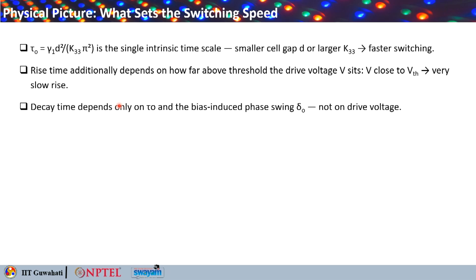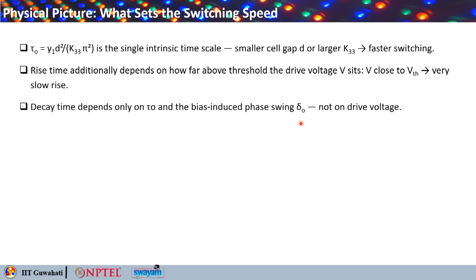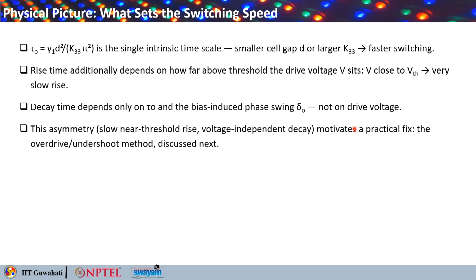We have seen that graph. If it is away from VTH, the rise is very fast. The decay time depends only on tau naught and on the bias induced phase swing, delta naught, so the decay time is independent of the drive voltage. This is the asymmetry: slow rise near the threshold, and decay that is voltage independent.